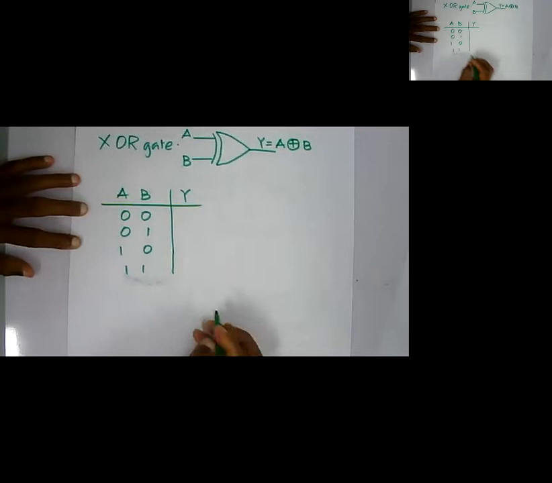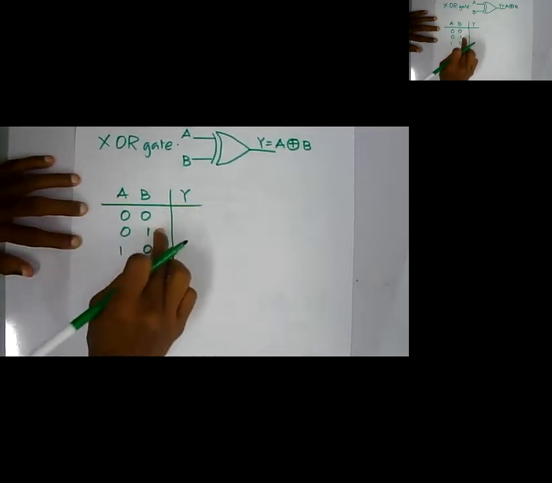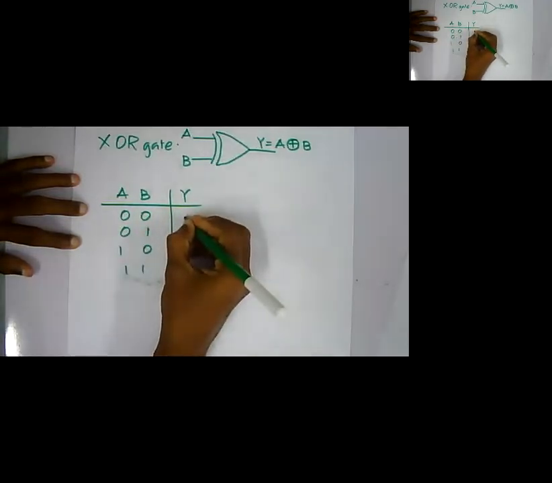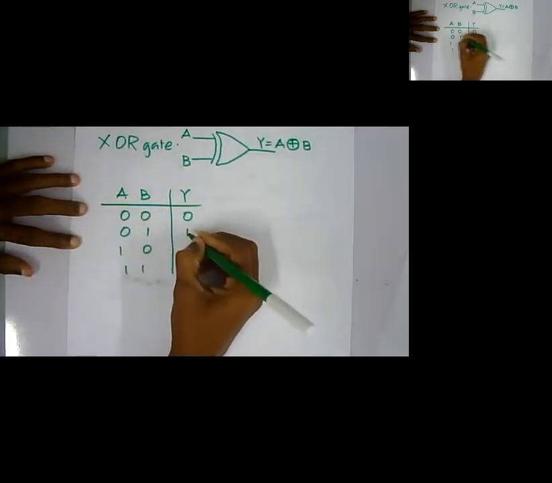For the exclusive gate, the output is 1 only if the inputs differ, so it is 0, then 1, 1, but when it becomes 1 1, it becomes 0.